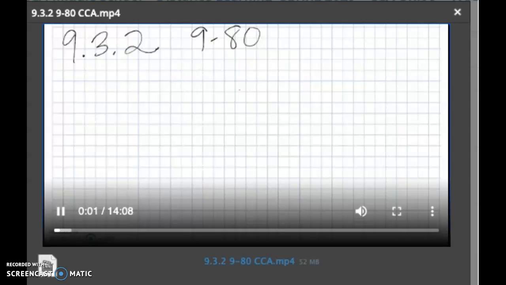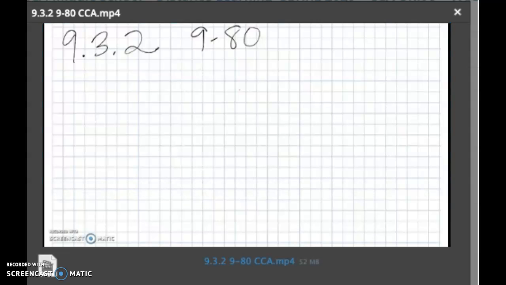Lesson 932, problem 980. Part A of this problem wants us to graph the solutions to the inequality y is less than 4 times 1.15 to the x power.